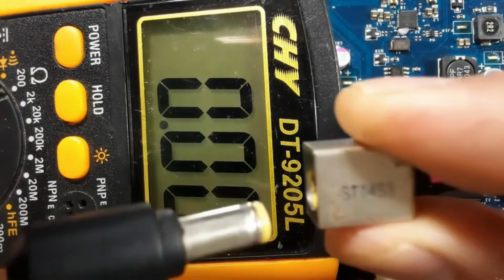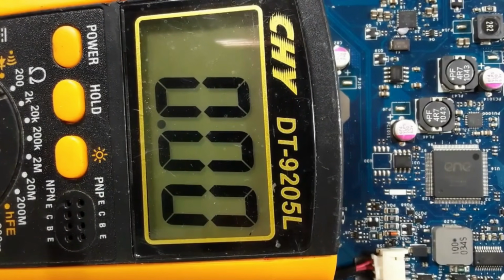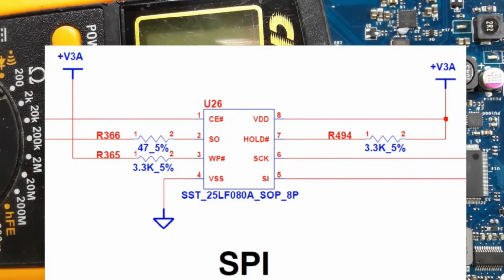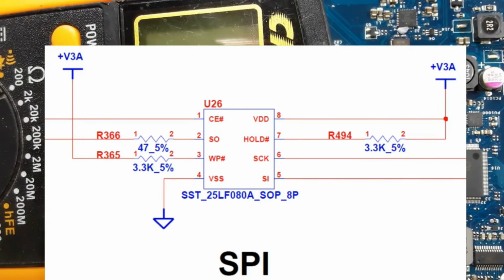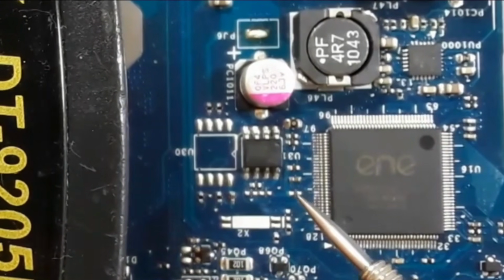So let's plug the power adapter and then check pin number 8 of the BIOS. As you see in the schematic, you will always find 3.3 volt on pin number 8 of the BIOS without powering on the laptop.